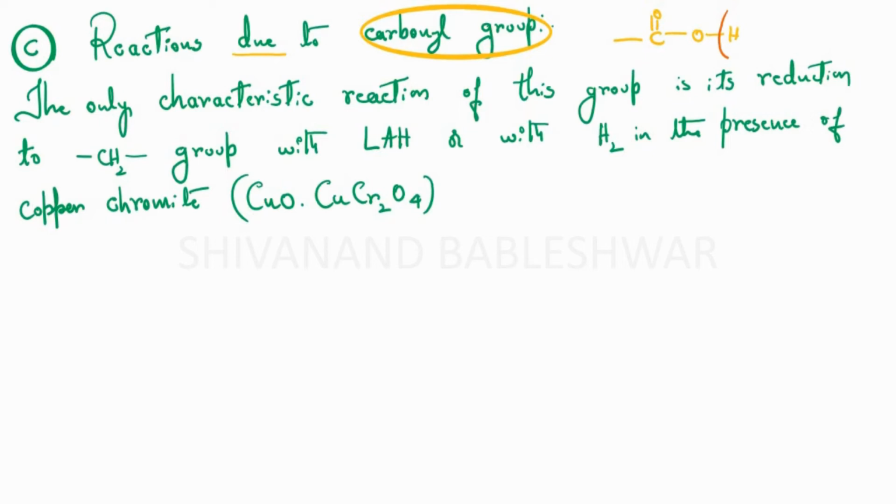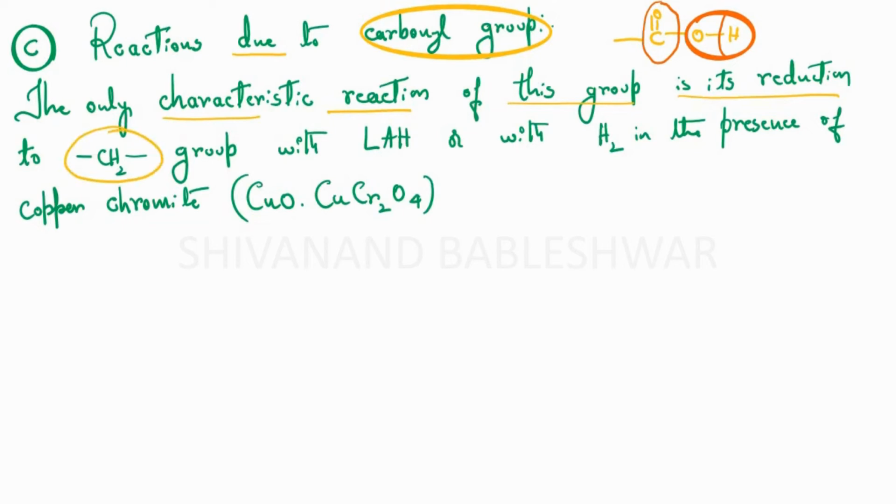Then in B we learnt reactions because of the OH group. Now we are dealing with only the carbonyl group, that is the C part. The only characteristic reaction of this carbonyl group is its reduction, which means it can only be converted into a methylene group. Reduction is nothing but addition of hydrogen.